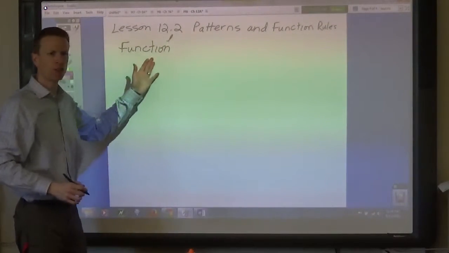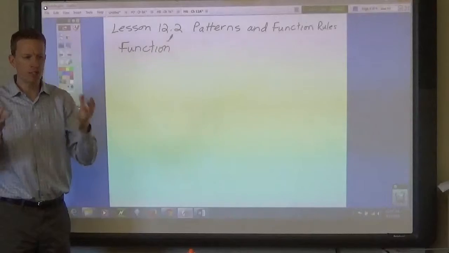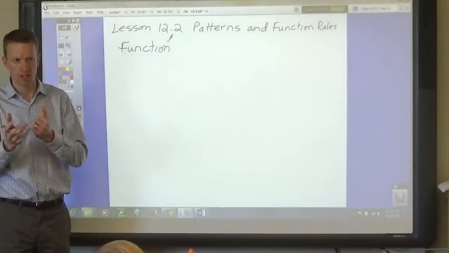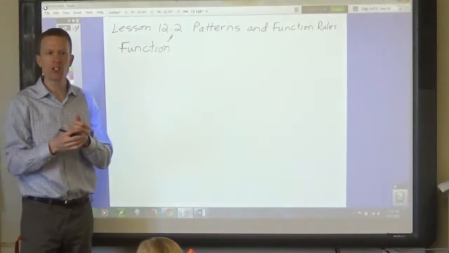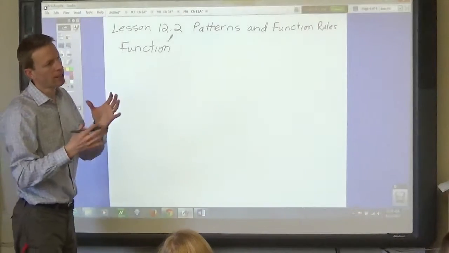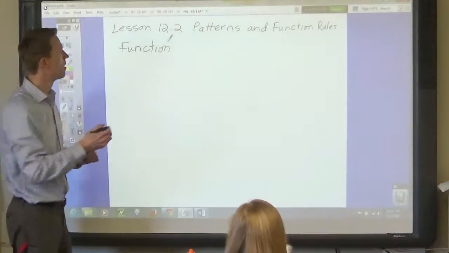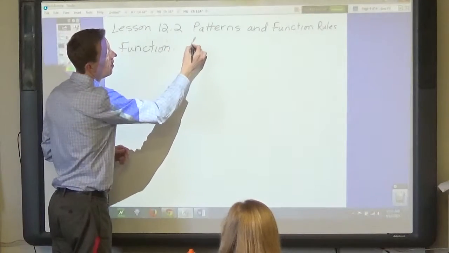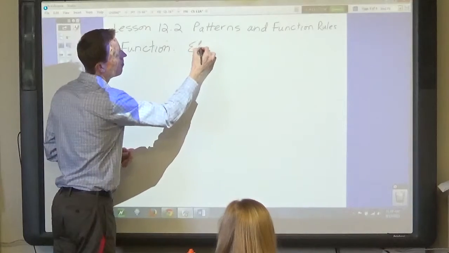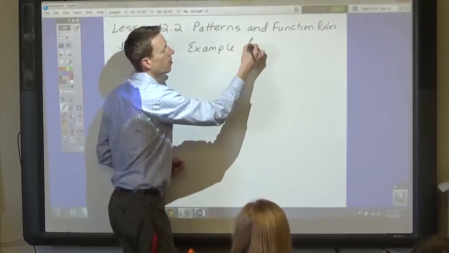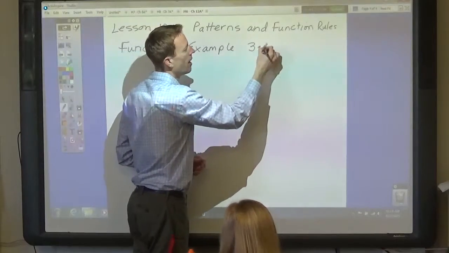A function is, first of all, just the relationship between two numbers. It's like an equation. Or, I'm sorry, it's more like an expression. An example of a function is 3 times n.